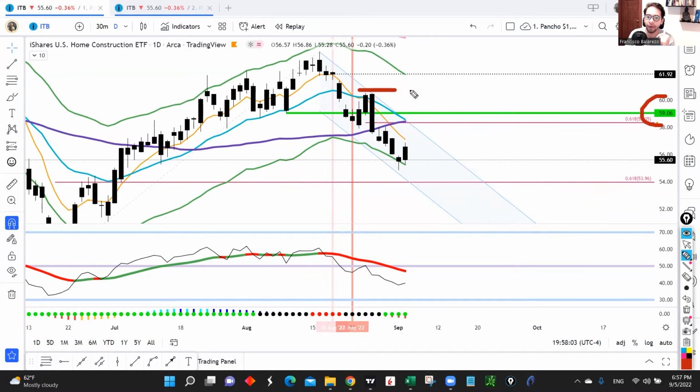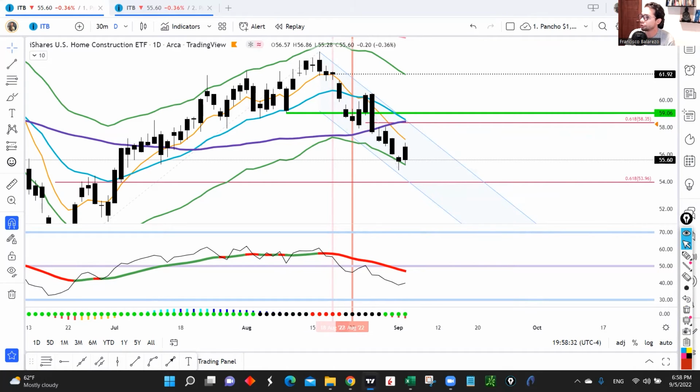Let's see if we can get a rally to this 0618 level, measured from this high to this low right here. If we happen to have that rally, it will come somewhere around that 50 daily, the 21 exponential, that 0618 retracement, and also that upper side of the channel. I think that's going to be a beautiful place to manage risk and then continue to trade this market to the short side, using somewhere around 59 to 60 as my covering guide in this market.